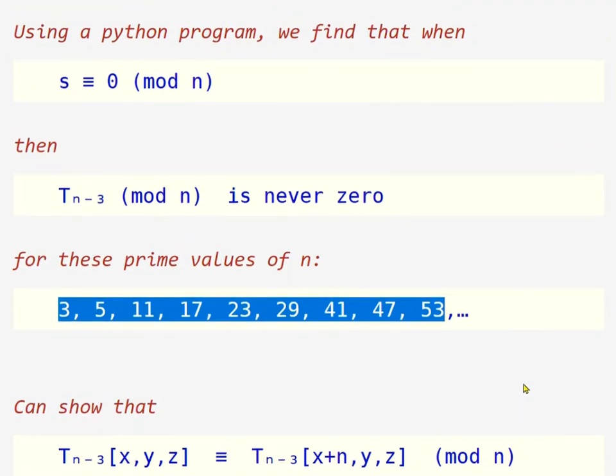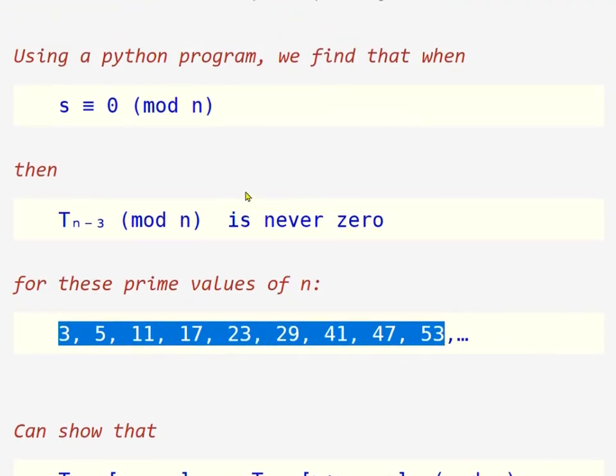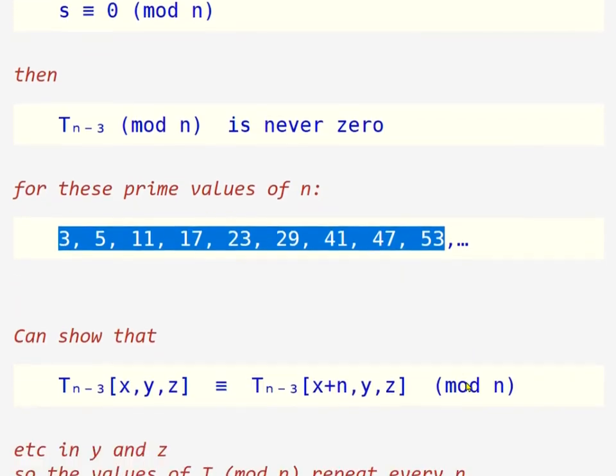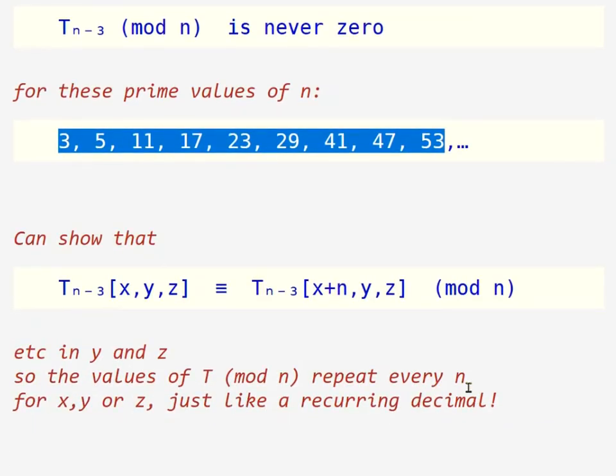Now you might wonder, how can you show that's true for all values of x, y and z? Well, we can use the fact that for any point x, y, z, if you shift it by n, so here x becomes x plus n, the shift will be a multiple of n.